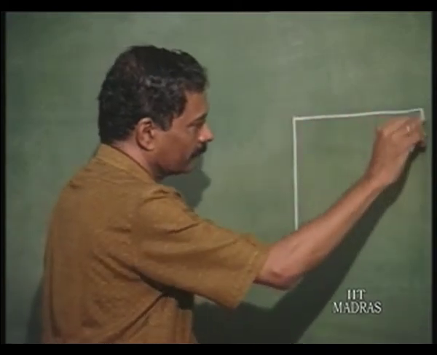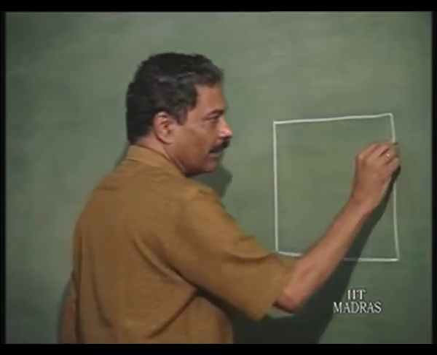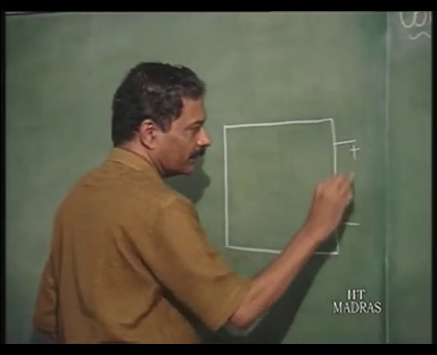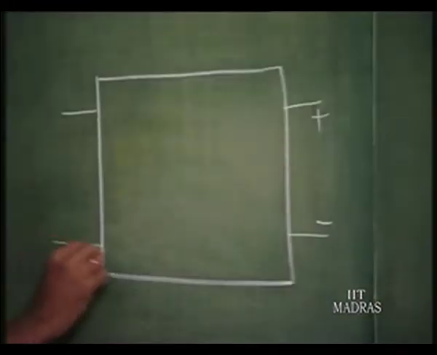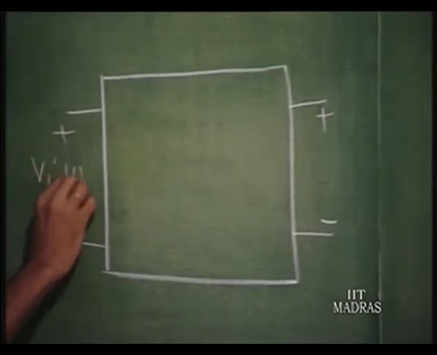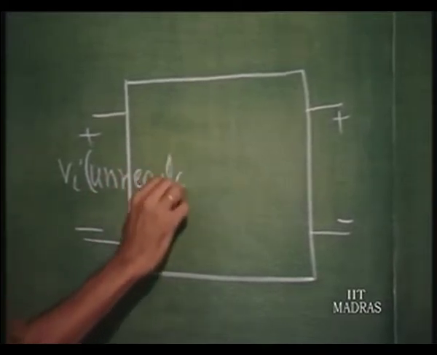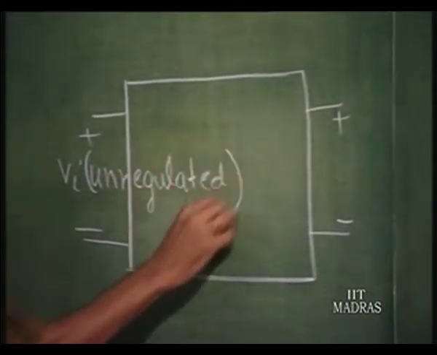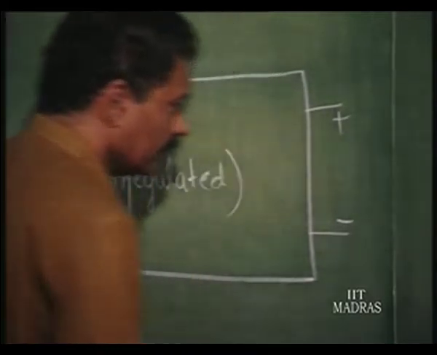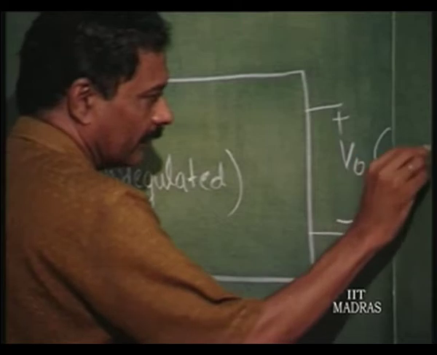So, assume that this is the black box and this is the output voltage, DC output voltage, and this gets an input voltage which is unregulated. Unregulated input voltage, and the output is regulated.